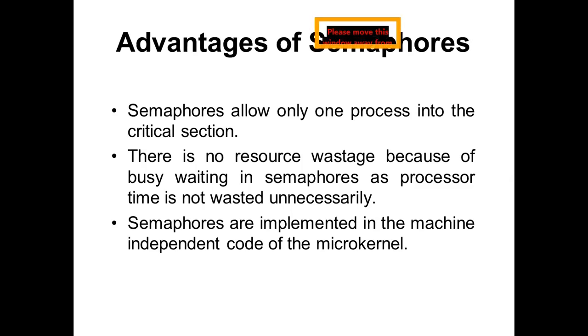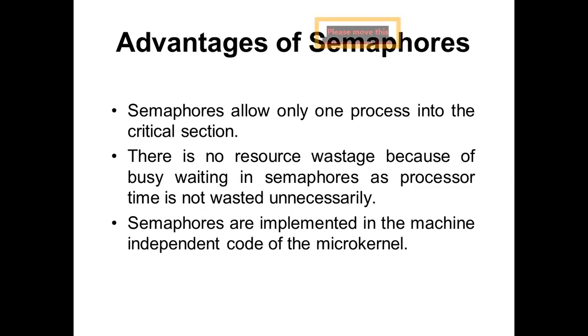There is no resource wastage, because whenever we use semaphores they resolve the problem and can allocate only one resource at a time. There is no resource wastage because of busy waiting in semaphores, as processor time is not wasted unnecessarily.